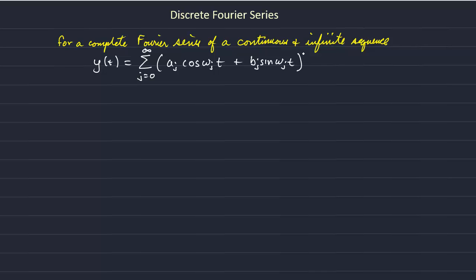Okay, so that's our complete Fourier series. But of course, in practice, even with fast computers, we can't sum infinite numbers of functions, and our data sets are never continuous. So to deal with discrete series, we have to use an approximation, which is a finite sum.